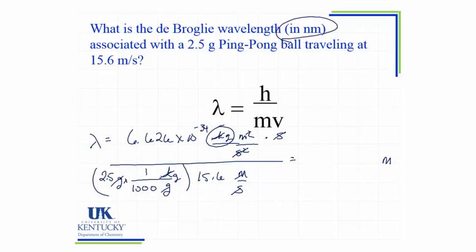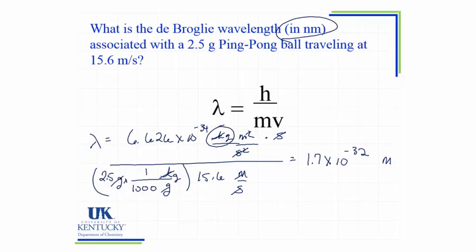And when we divide all of these values out, we get 1.7 times 10 to the negative 32 meters. This is tiny, tiny, tiny, too tiny to even observe kind of wavelength.